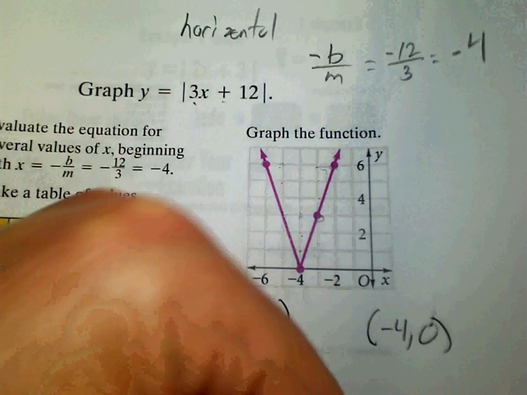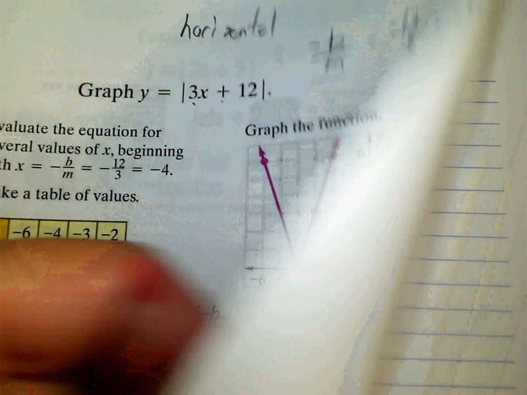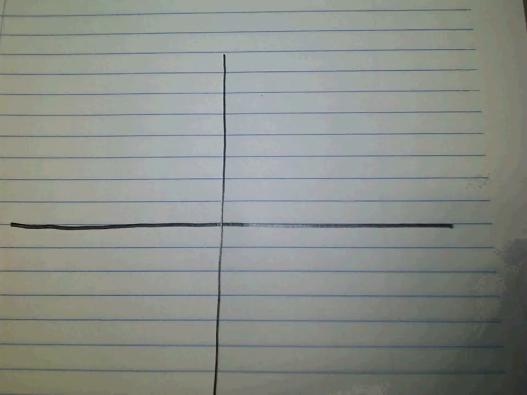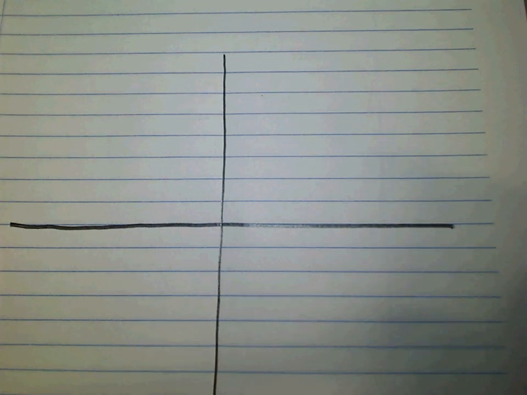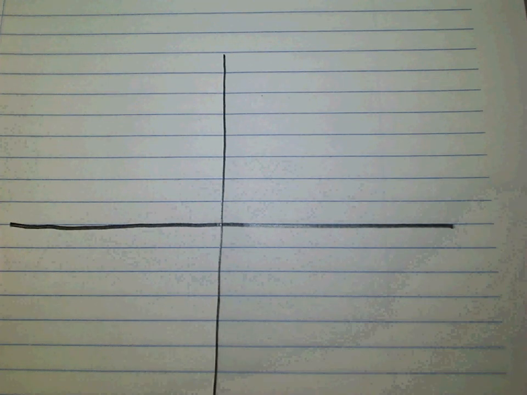Turn to the first open page here. And real quickly, just make a large X and Y axis on that first page. And real quickly, graph this: y equals the absolute value of x minus 1.